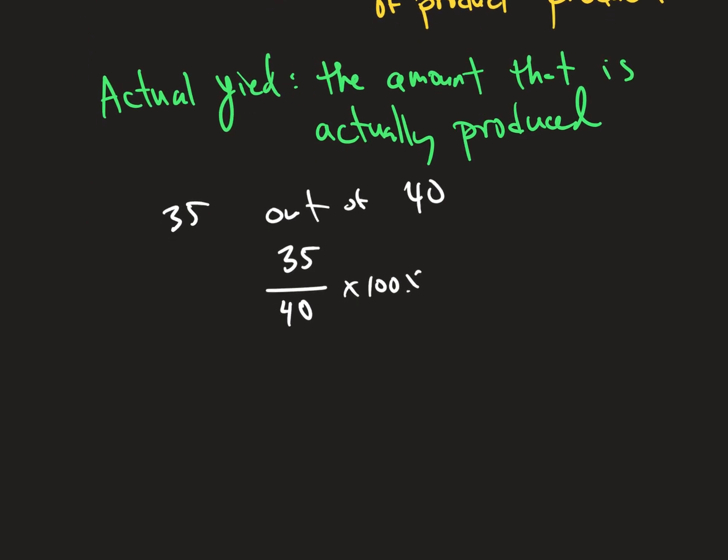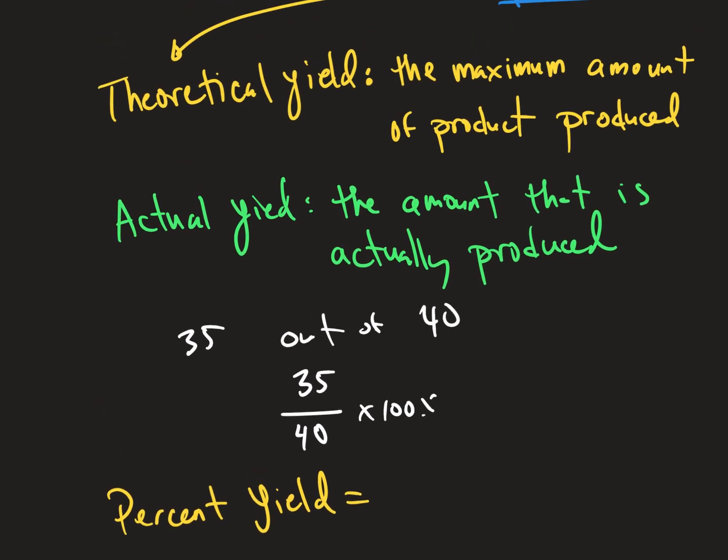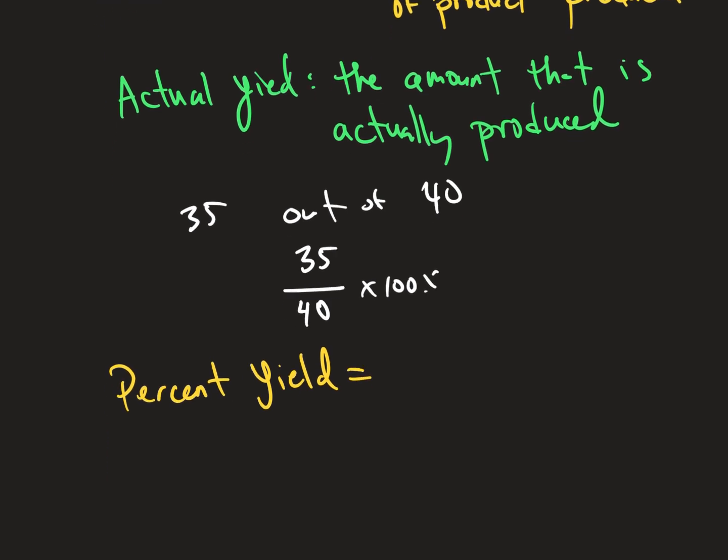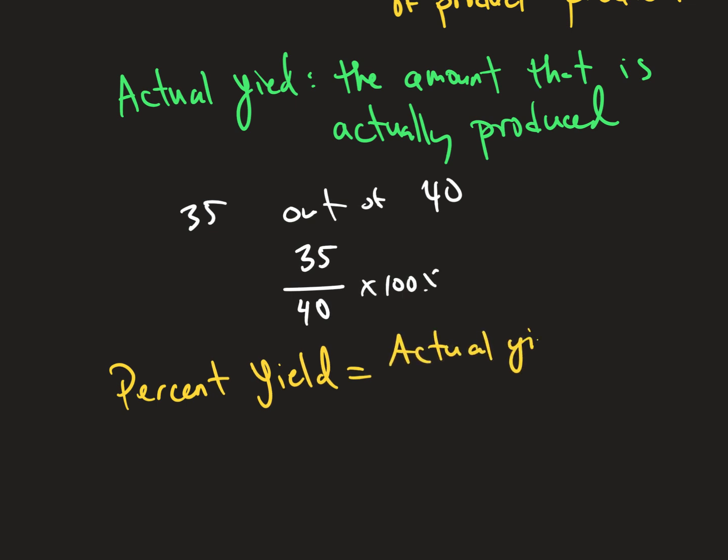So if we want to find percent yield, which we will have to know how to do, how do we do it using these? Which one goes on top? What we actually get, our actual yield, divided by what we're trying to get, our theoretical yield, the maximum we can get, the total, right?